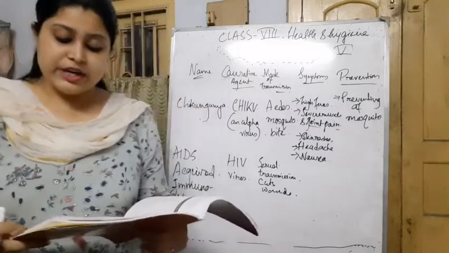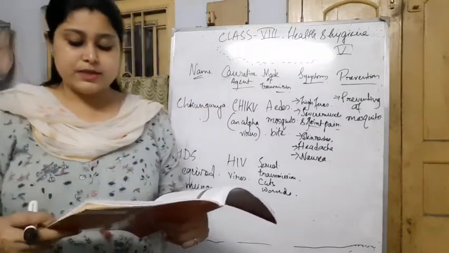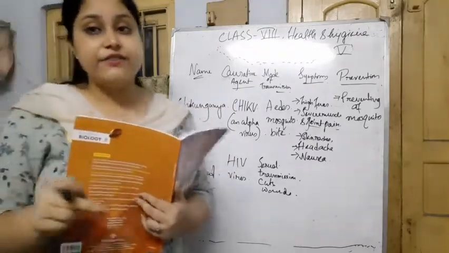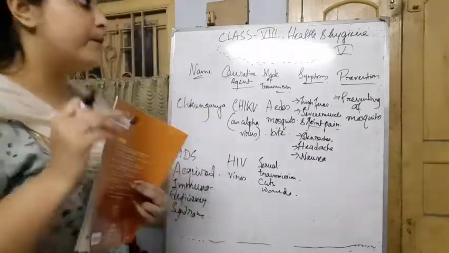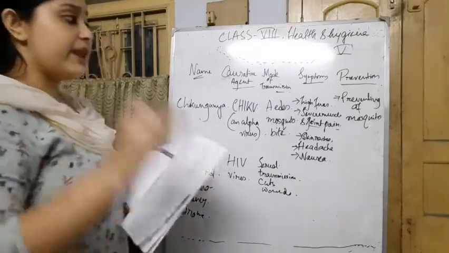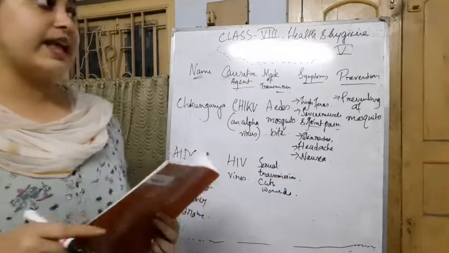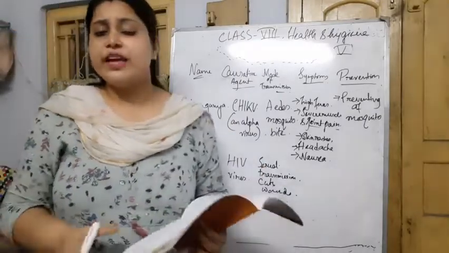Due to the breakdown of the immune system, the person becomes susceptible to infection. So the main symptom is breakdown of the immune system, along with many other symptoms like rashes and swallowing problems.